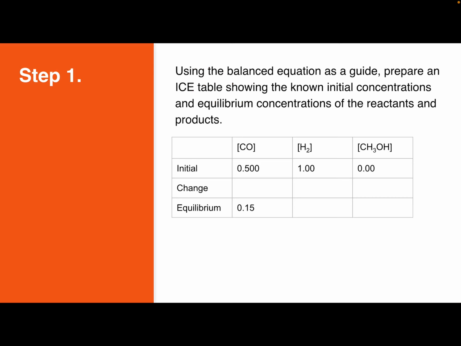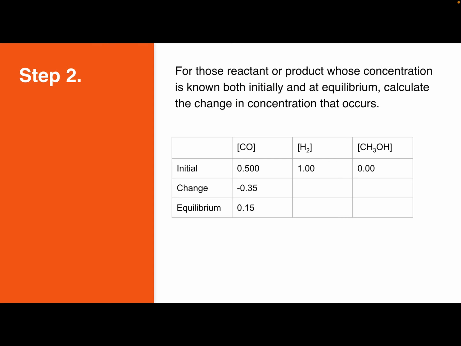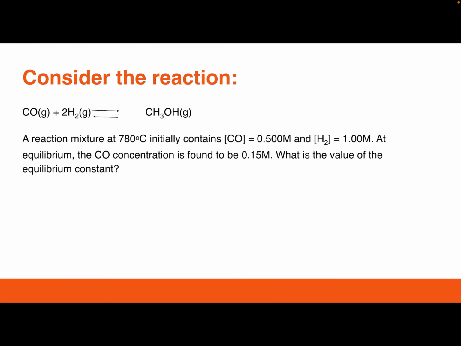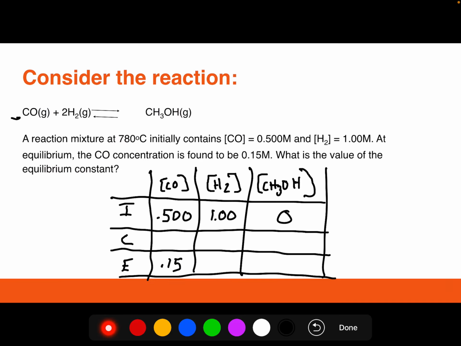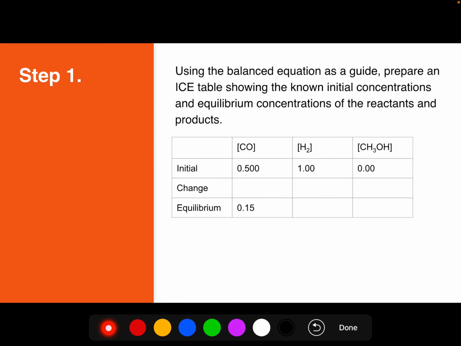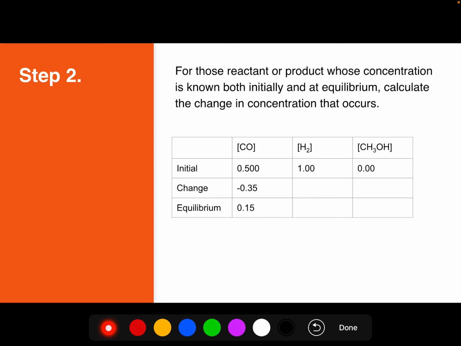So now what you have to do is figure out how much the carbon monoxide changed over the course of the reaction. Well, it would be losing 0.35 molarity. Well, if we look back at the reaction, you have a 1 there, a 2 there, and a 1 there. So it's a 1 to 2 to 1. So if it helps you, sometimes I put the mole ratios up here.